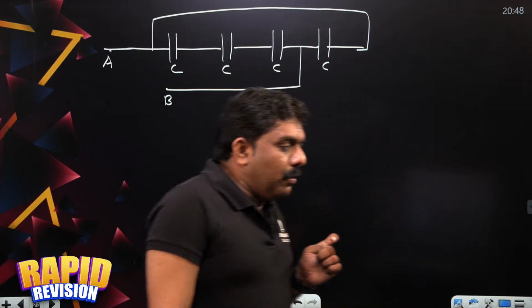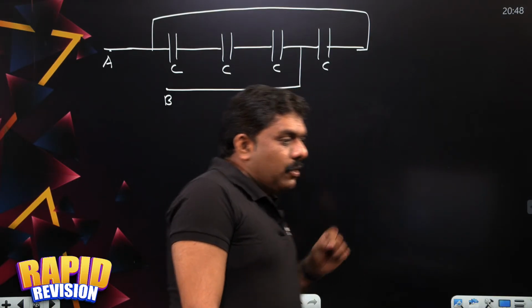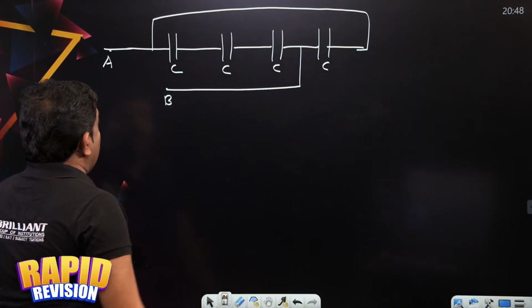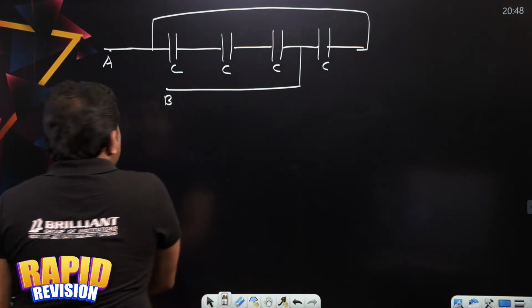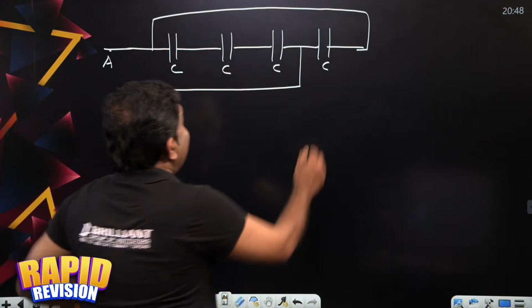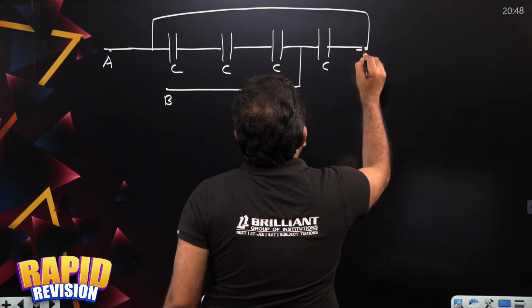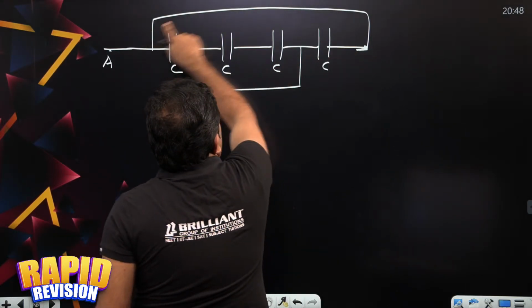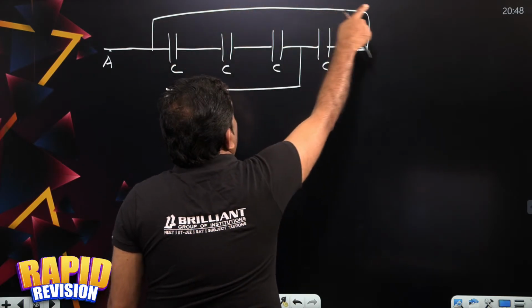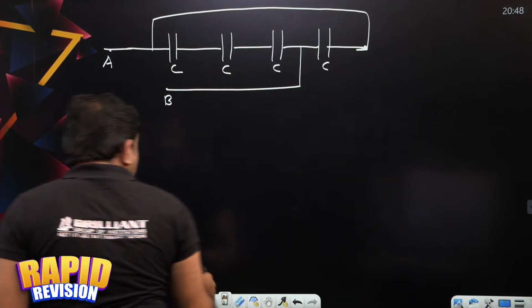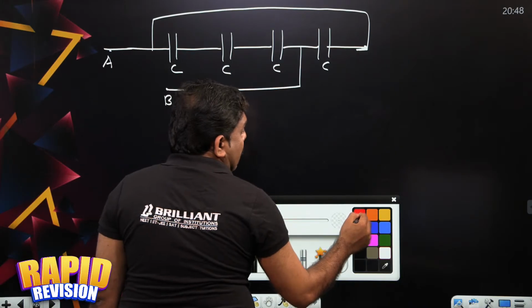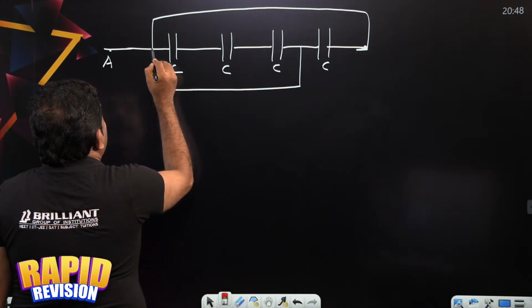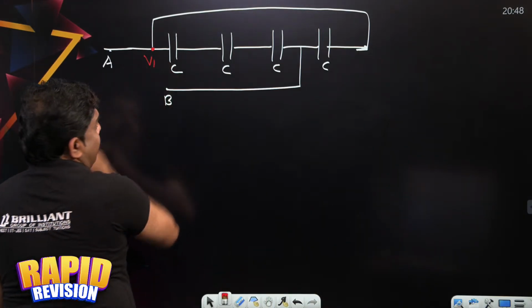Now tell me. So many are saying the answer. I will check now. Now look, in this network connecting wires are there without capacitance. So I am using the potential reduction method. The starting point here has voltage V1.